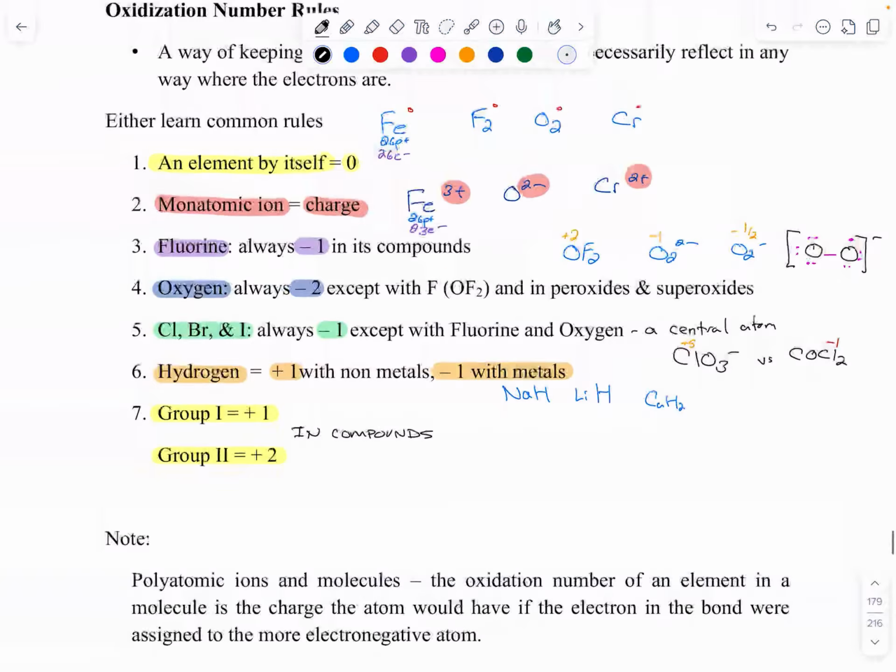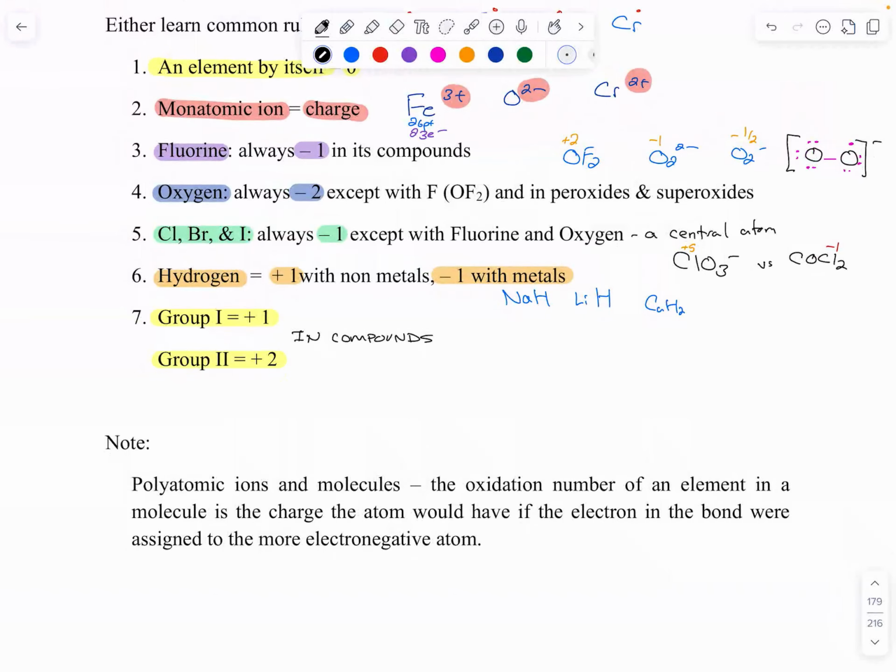Okay, now, polyatomic ions and molecules. Right, the oxidation number of an element in a molecule is the charge the atom would have if the electron in the bond were assigned to the more electronegative atom. So that's a way to figure it out. So if you have N and C, well, nitrogen is the -1, carbon would be the +1.